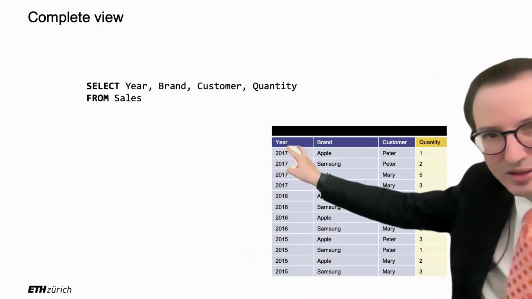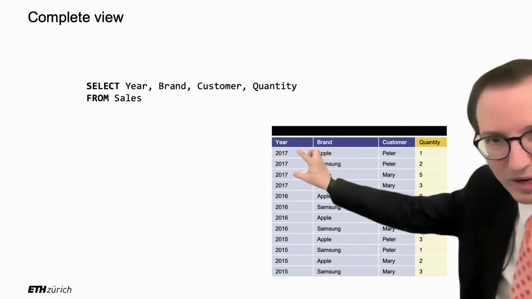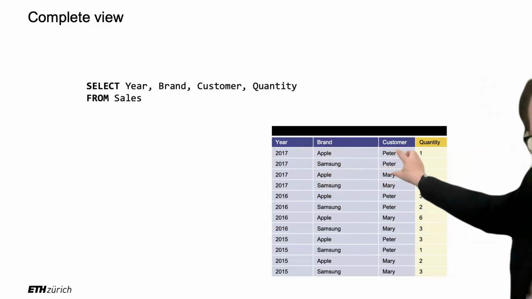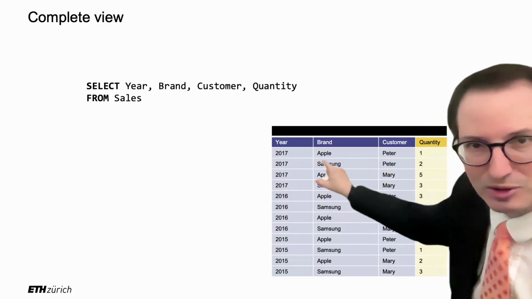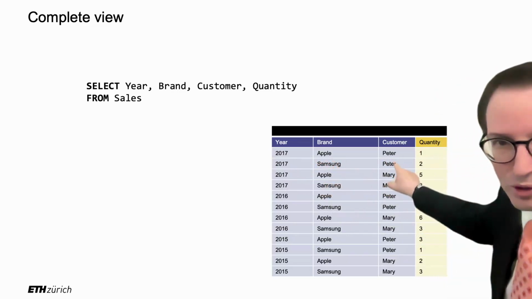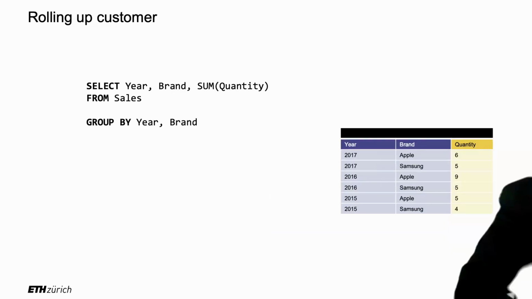If I have 2017 Apple, I want it to go with 2017 Apple, right? So these two together, Peter and Mary, and I want the sum of that, 1 plus 5, right? Then I have 2017 Samsung, they're both here, and I want the sum of these two, 2 plus 3. How do you do it in SQL? That kind of thing, you use what clause? A group by clause, exactly.